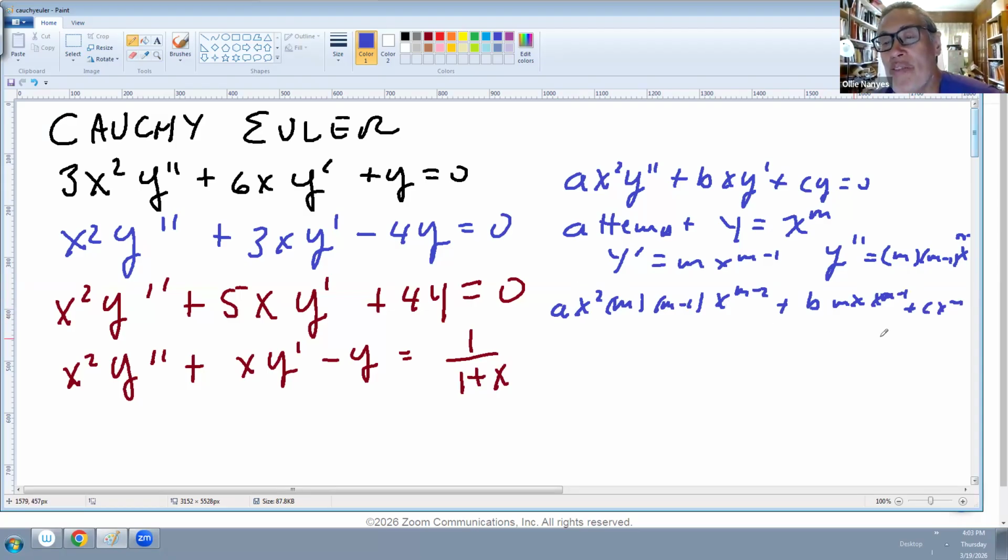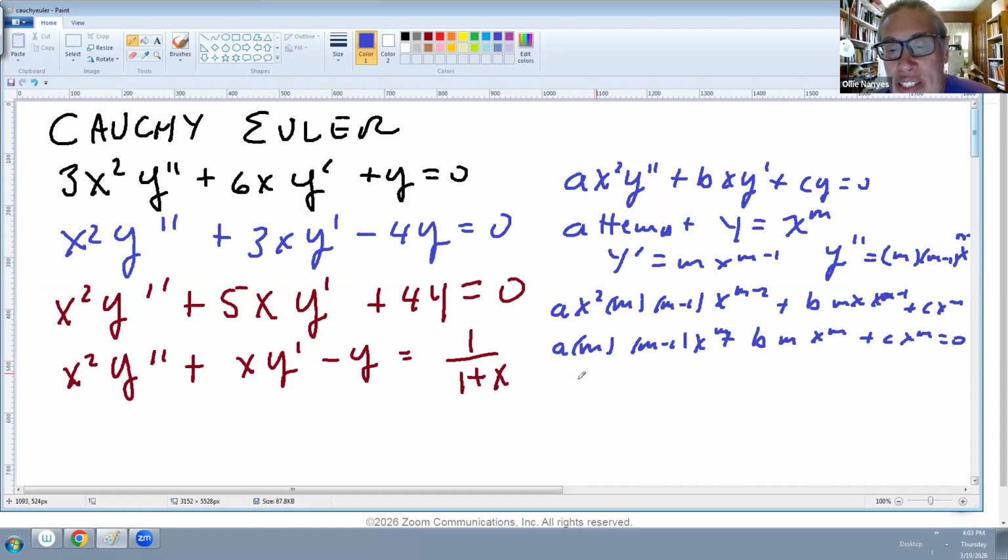And if you notice, you can factor out x squared times x to the m minus 2. This turns out to be a m times m minus 1 x to the m plus, in this case, b m x to the m, because that's x to the first power and that's x to the m minus 1, plus c x to the m is 0.